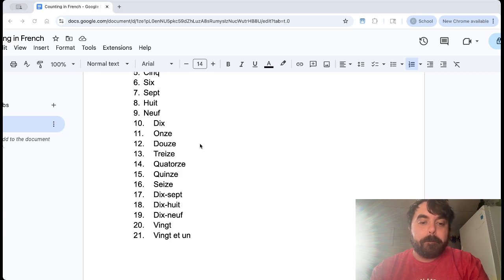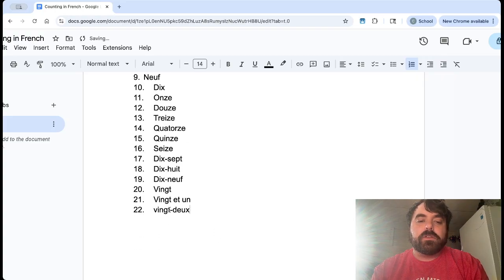After the ones place, though, our pattern becomes 20 and then the number after that. For my sake, I'm going to copy 20 so I don't have to type it a million times. But you have vingt, dash, and then the number in that place.